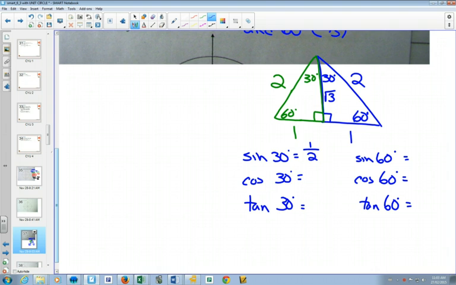If we look at cos of 30, adjacent over hypotenuse, you're going to get the square root of 3 over 2. Tan of 30, opposite over adjacent, you'll get 1 over root 3. Again, we will rationalize the denominator and write it as root 3 over 3.